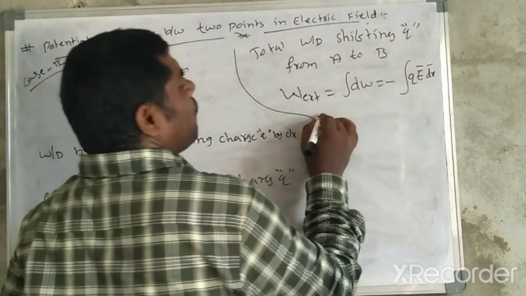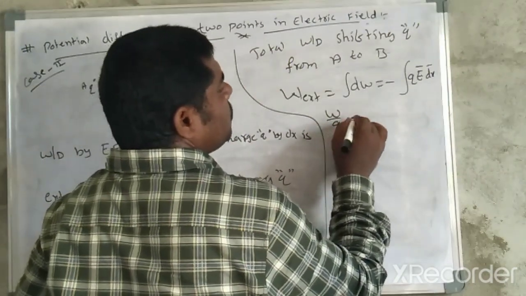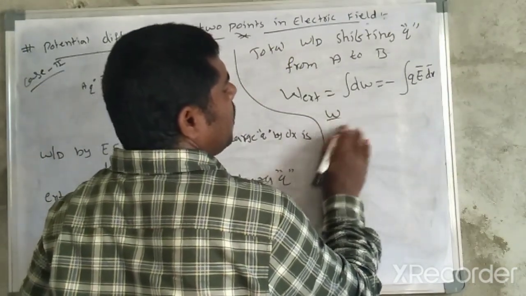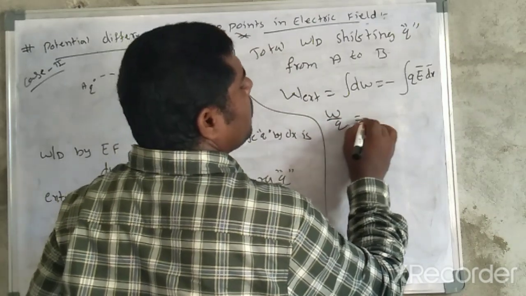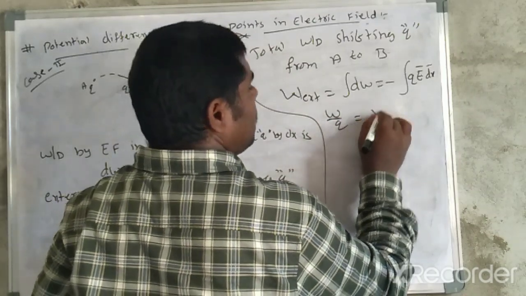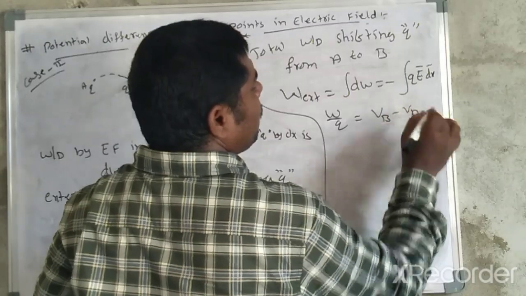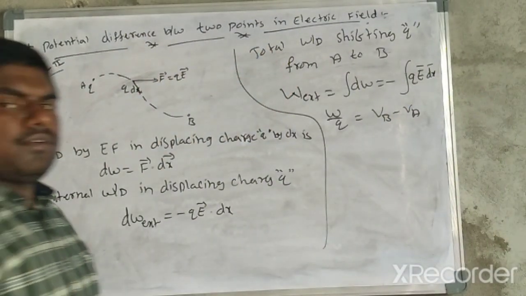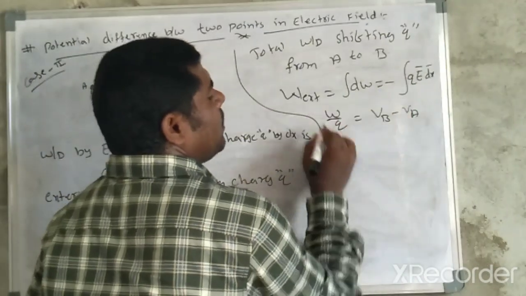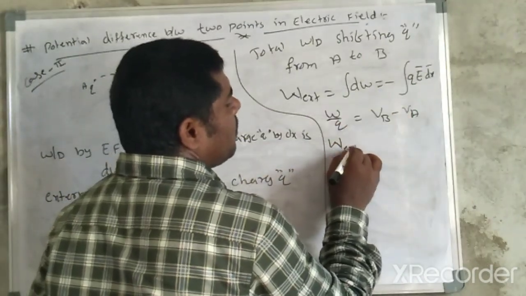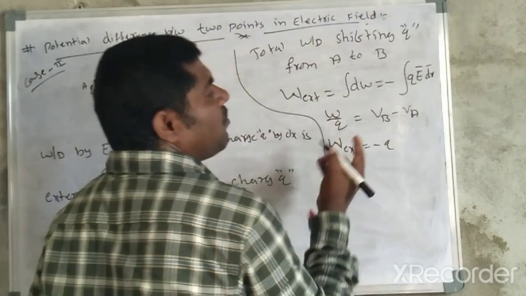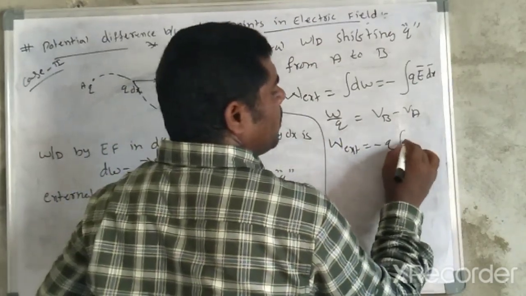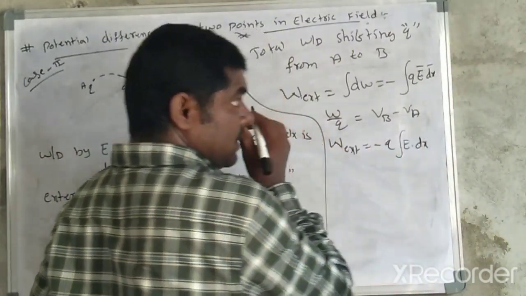So the work done per charge q is nothing but the change in potential VB minus VA. The external work done is equal to minus q, and we may write q outside the integral, integral of E dot dx.